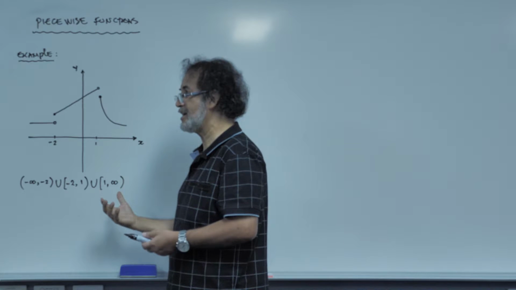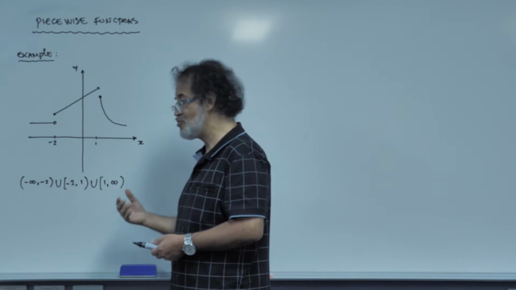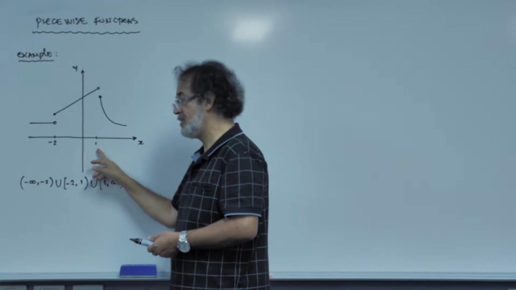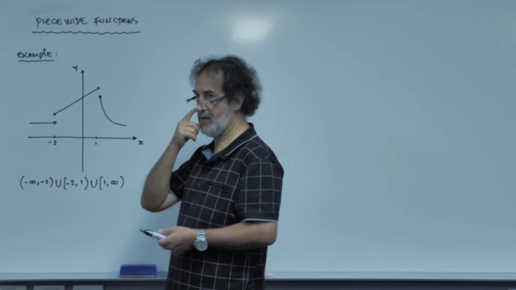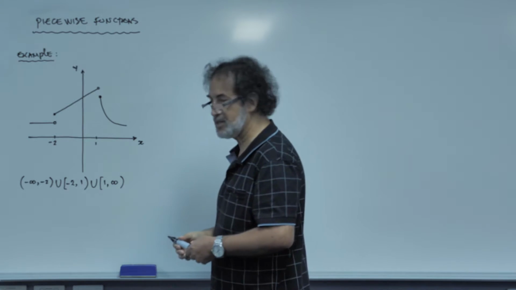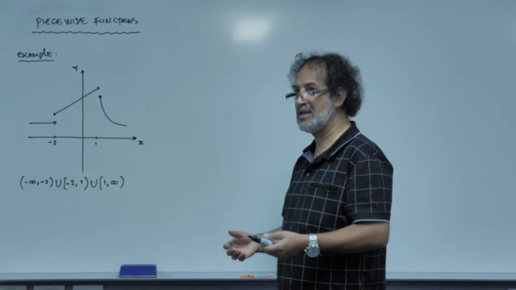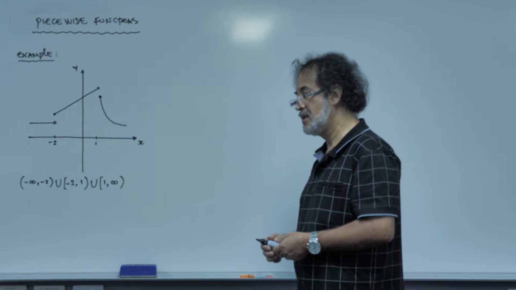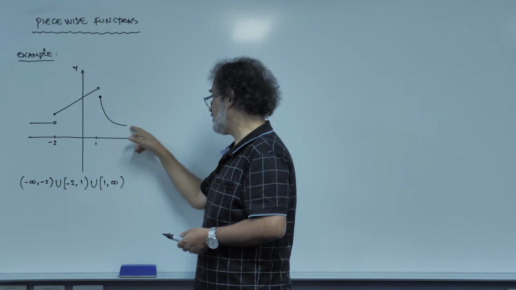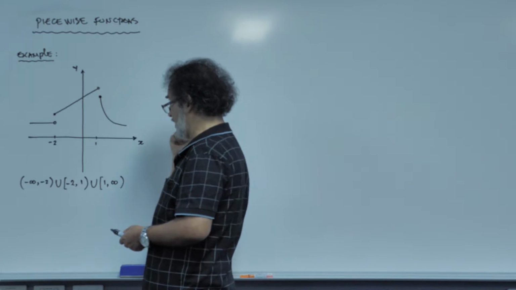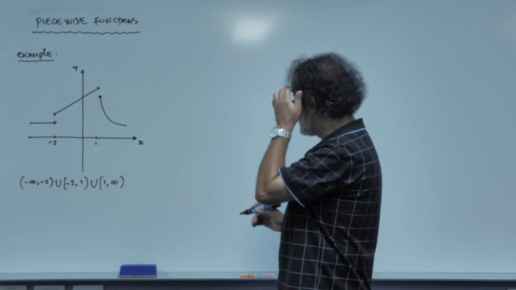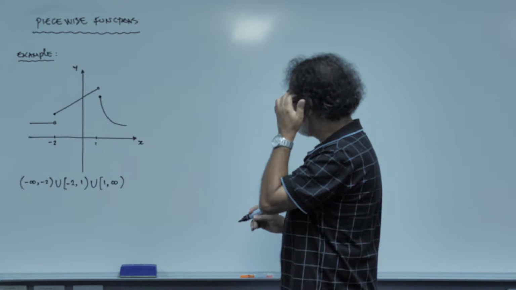So if you want to know what happens between -2 and +1, then we have to use that function. Otherwise, if I need to evaluate this function for x equal, let's say, 1,000, then obviously you're going to be using this one, all right? Okay, so this function continues to the right, and this function continues to the left, right? Okay. So that is what we call a piecewise function.